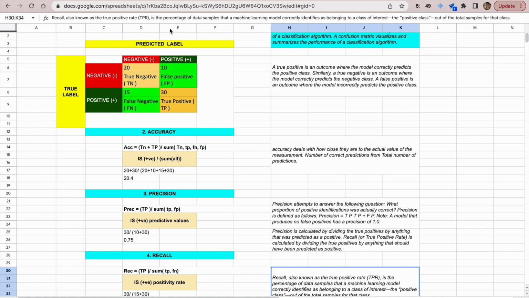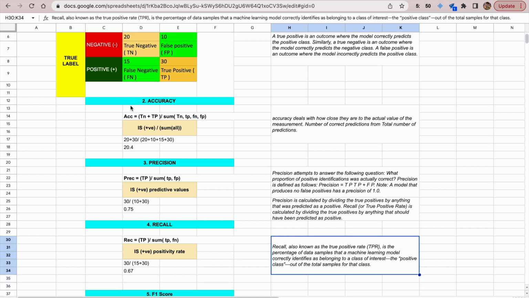You can remember precision like this one, in the vertical way, the predicted correct labels, and recall as the true labels out of all the truly present values, out of the total true values. That is the true positive and the false negative, which come in the denominator, and the total true positives, similar to precision, come in the numerator. It is the positivity prediction rate.